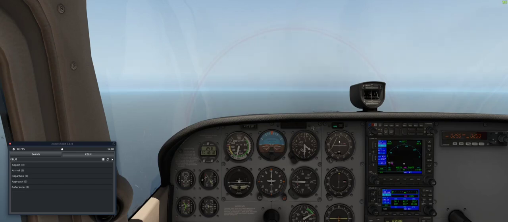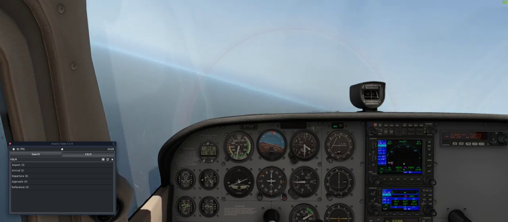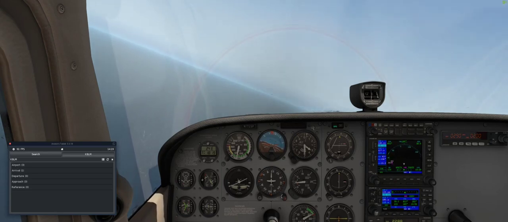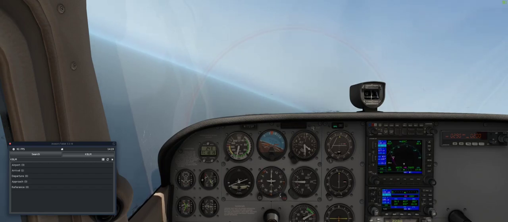Well, we know the radial is this 58-degree point, and we can see it's to the left of us. So if we turn to 58 degrees, which I'm doing using the heading bug because the autopilot is in heading mode, and I've set it to approximately 58 degrees, now that's not going to intercept that path.